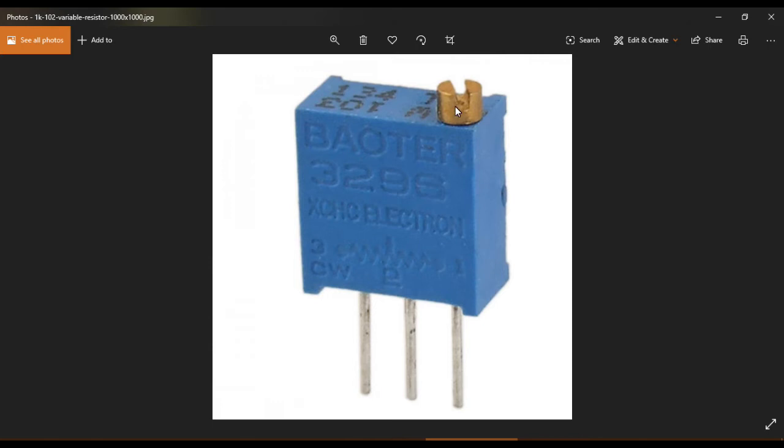If you move this screw clockwise, then your pin number 2 gets closer to pin number 3. That means between pin 2 and 3, the resistance value will decrease. Accordingly, between pin 2 and 1, the resistance value will increase.